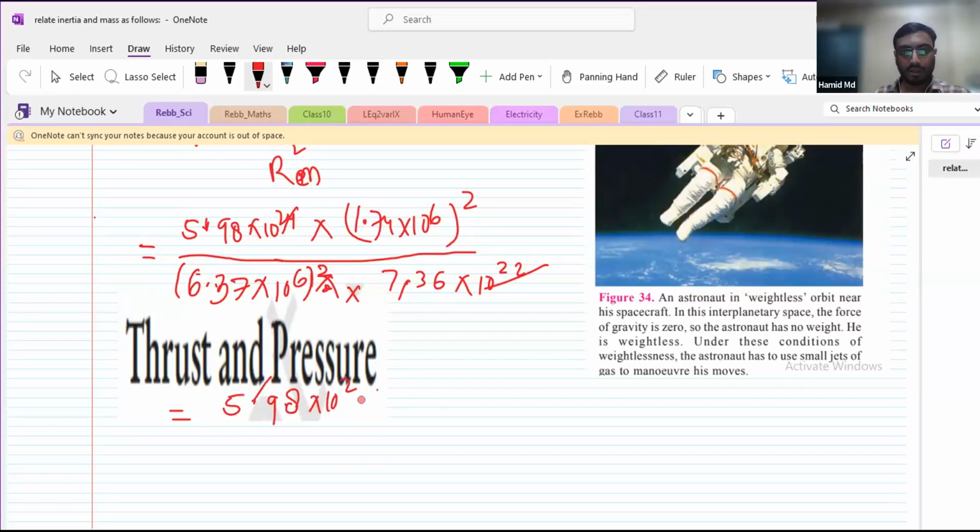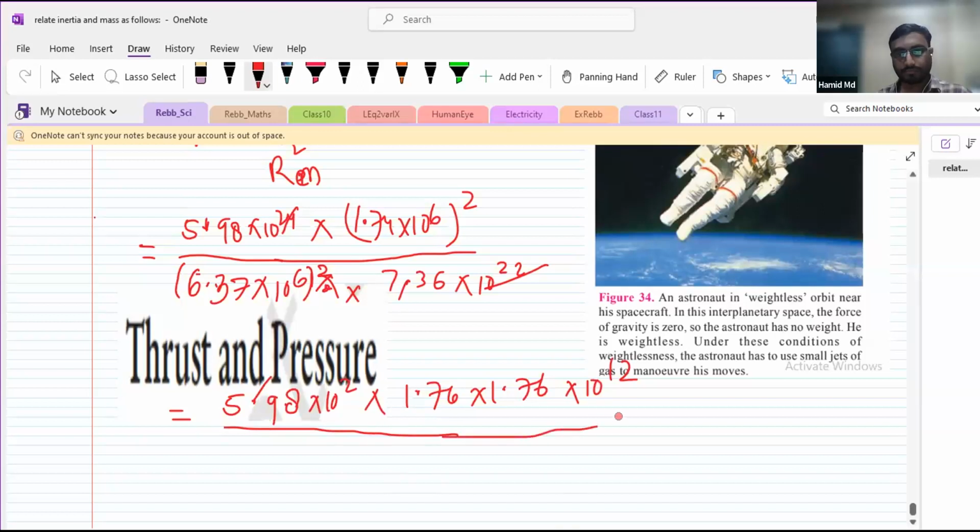Yes, and sir, here it will be 1.76 into 1.76, into 10 raised to the power 12, right? Okay, now this calculation took almost half an hour. We made one mistake. How is it 1.76?